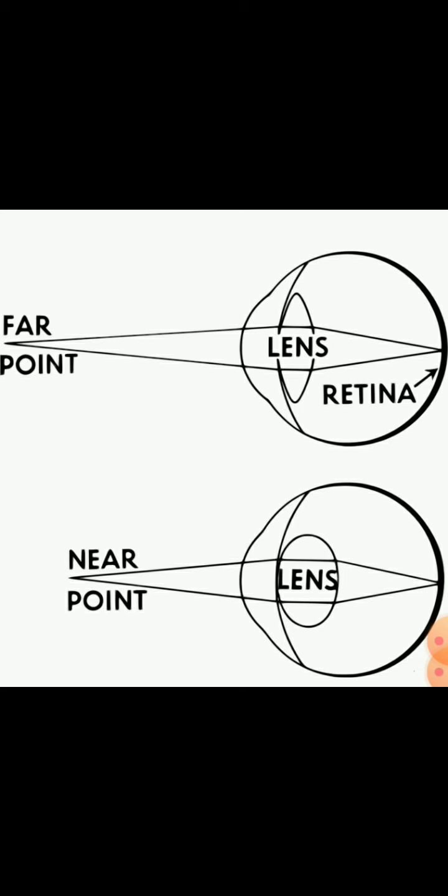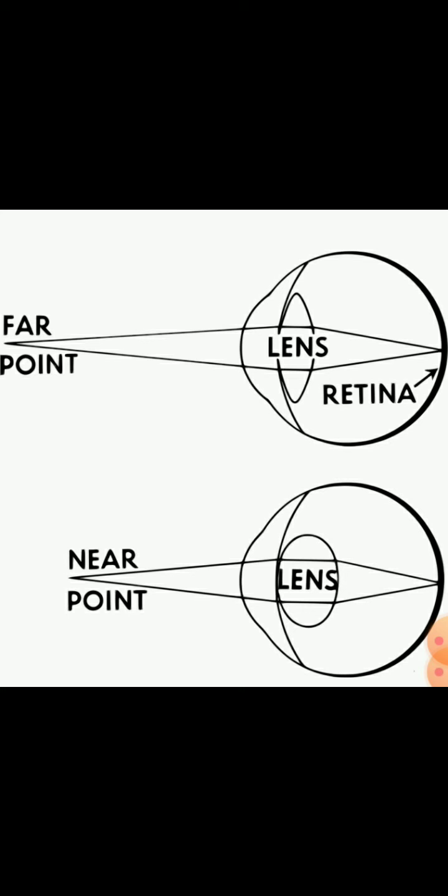Now here we'll use the terms relaxation and contraction. When the ciliary muscles are relaxed, which means they are not pulled, they are not stretched, they are in relaxed position. And that is why the lens becomes thin. When the lens becomes thin, focal length increases and we are able to see the objects which are at far places.